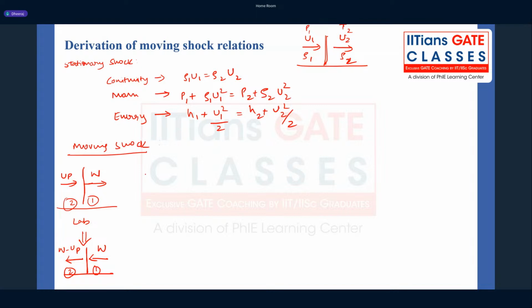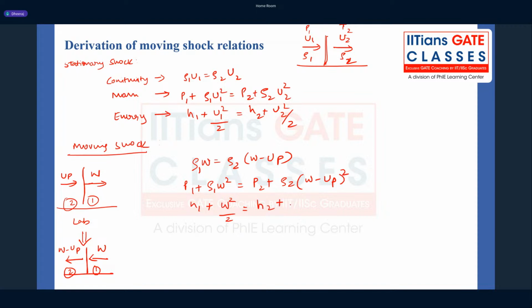If I write the same set of equations, they become rho1 w equals rho2 into w minus up, and p1 plus rho1 w square equals p2 plus rho2 into w minus up whole square, and h1 plus w square by 2 equals h2 plus w minus up whole square by 2.